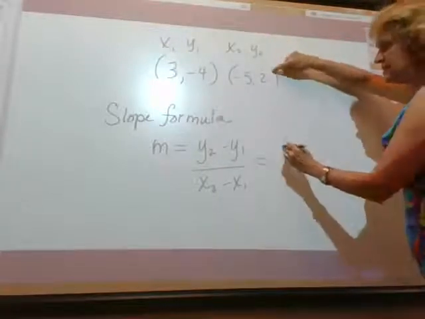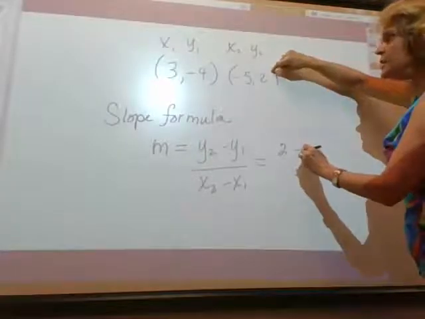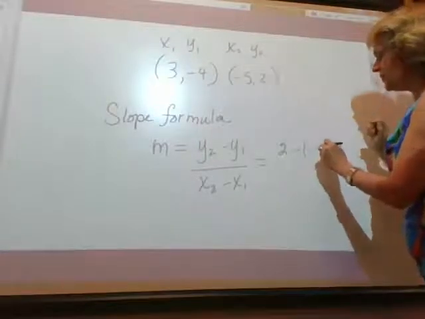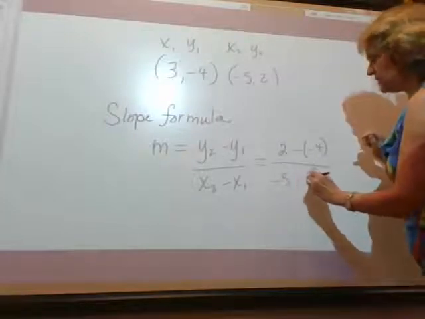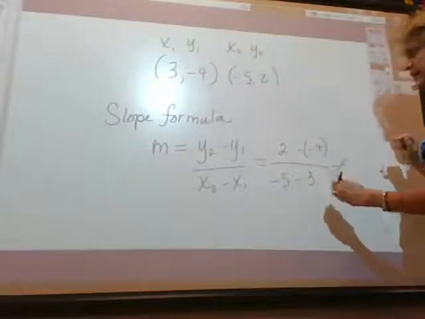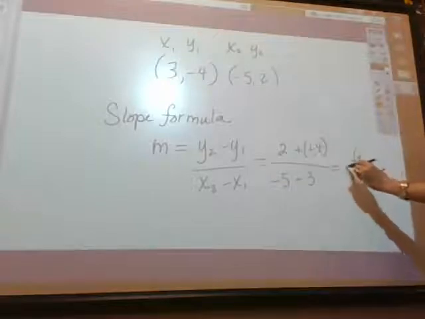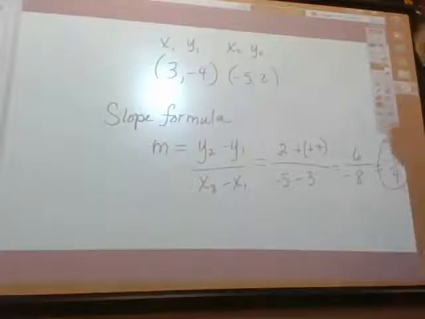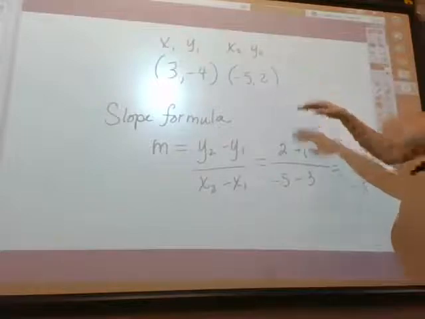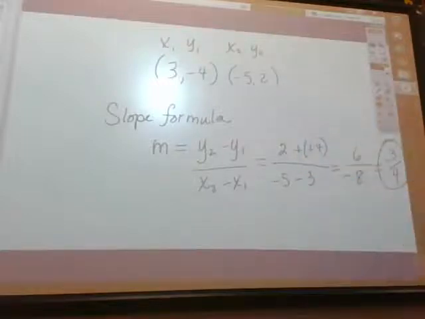So y sub 2, 2, take away a negative 4, over negative 5, take away 3. All right, so this is 6, this is negative 8, you want to reduce, and so the slope, hope you can see that. Okay, the slope of these 2 points is negative 3/4.